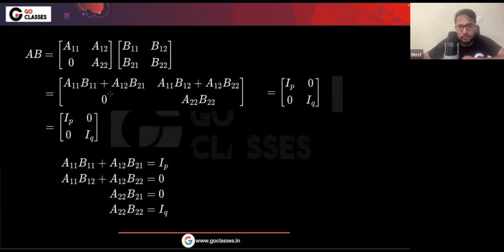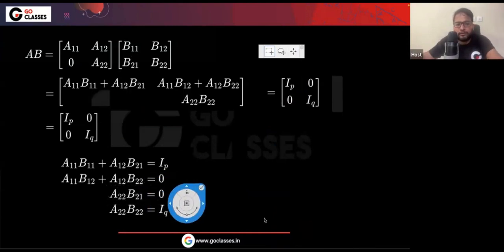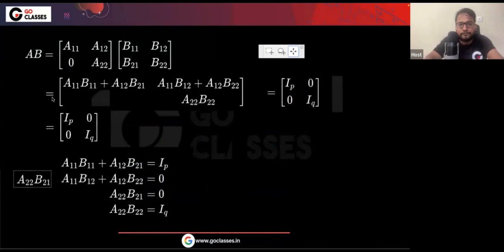I think here instead of 0, it must be, let me just check. Yeah, it must be A22, B21. So this particular entry is A22, B21, which is eventually 0. So anyway, that's fine. So this is A22, B21.